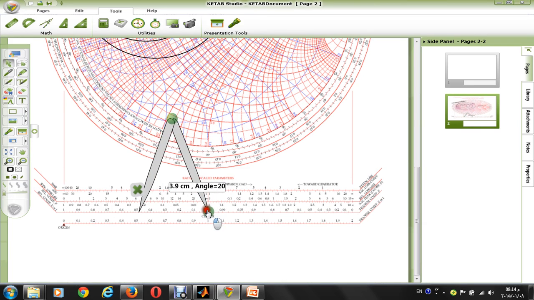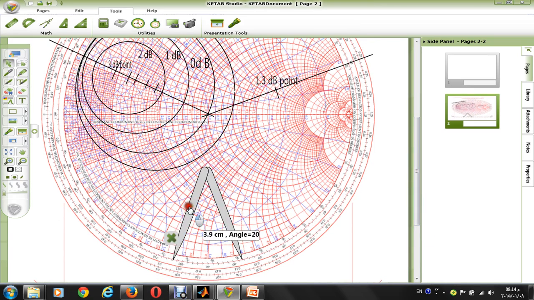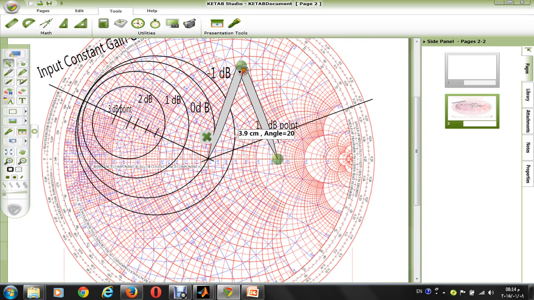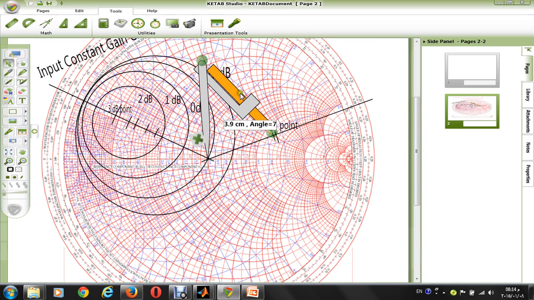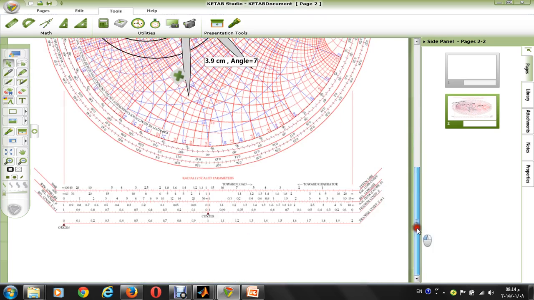Here, I want to remark the center of the 1 dB circle. So I go at the origin, here, I mark the center of the circle I'm going to draw.